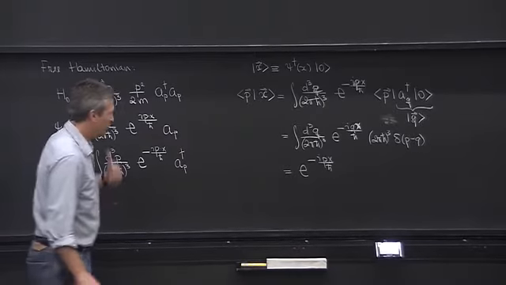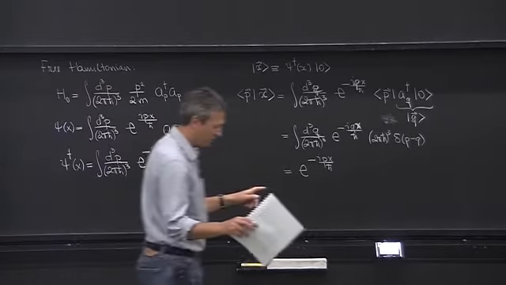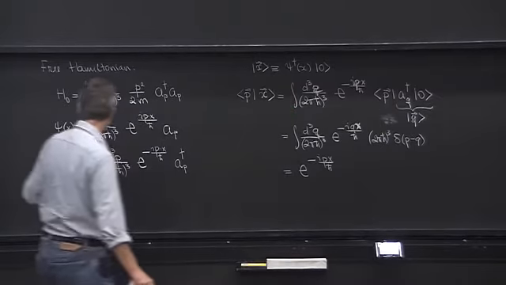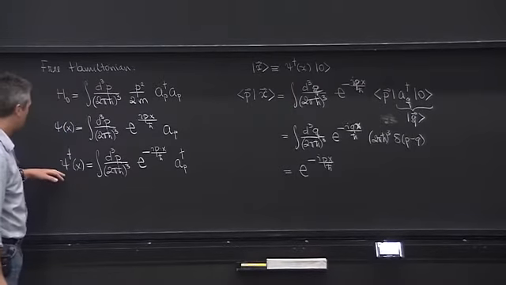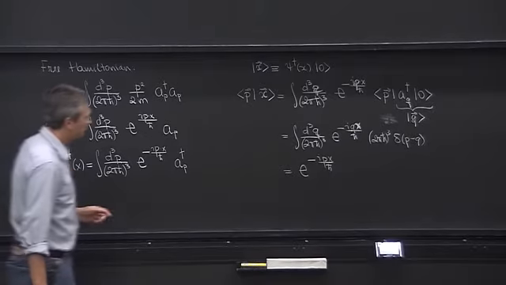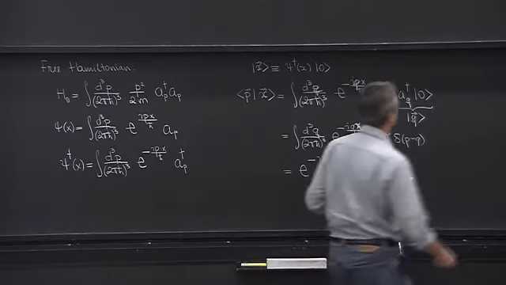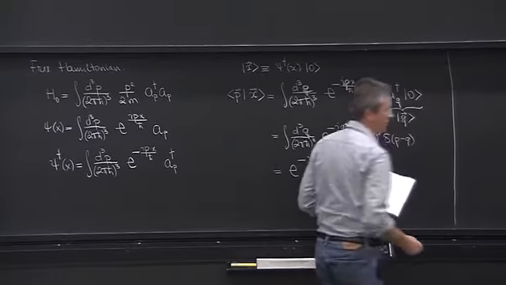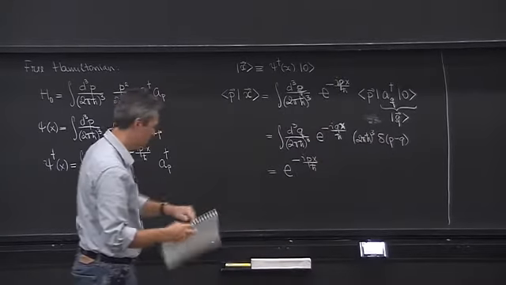We can also create a set of particles with given positions if we apply n operators of this type. And so the field operator, in fact, creates a particle at a given position.